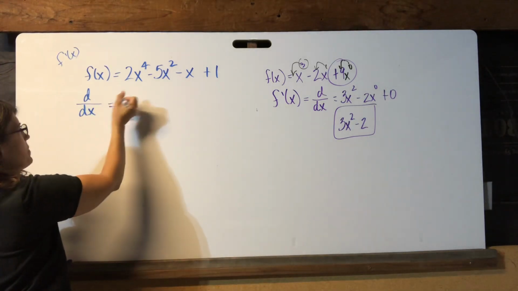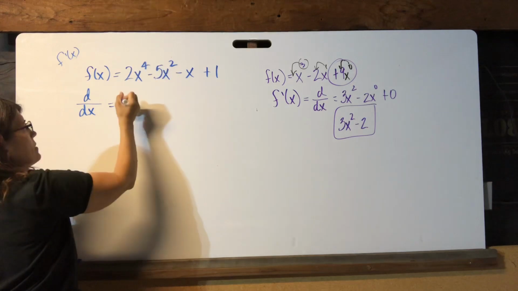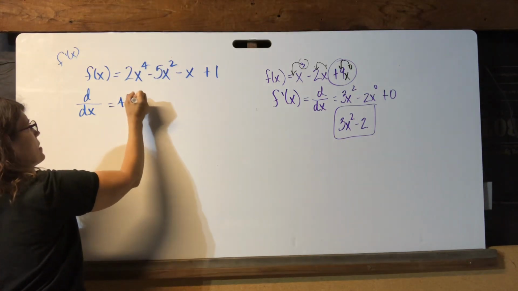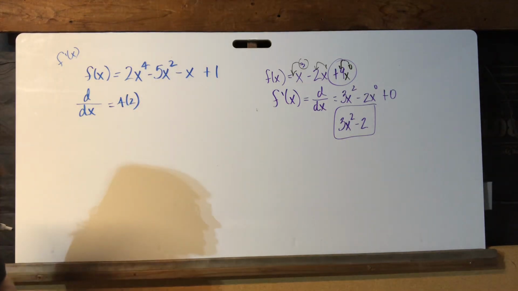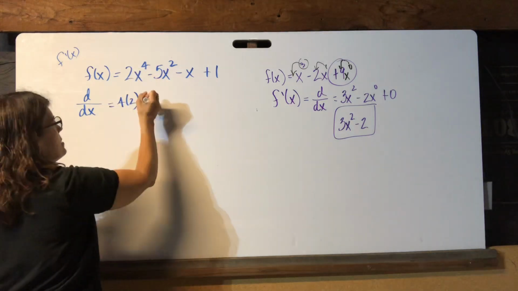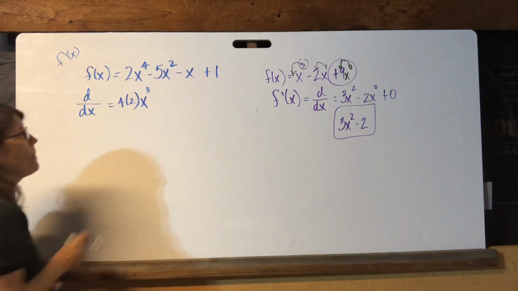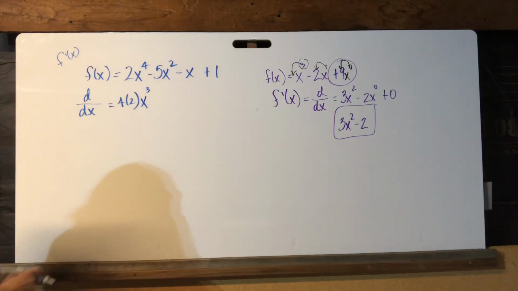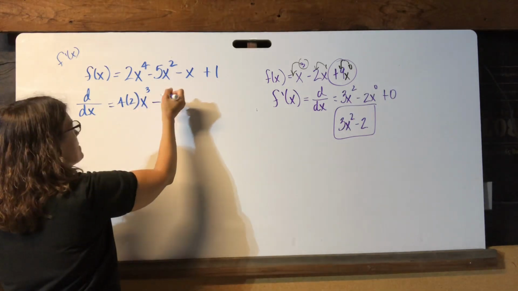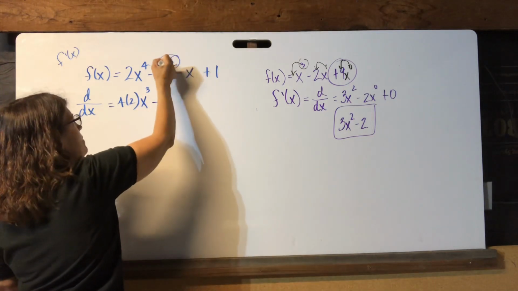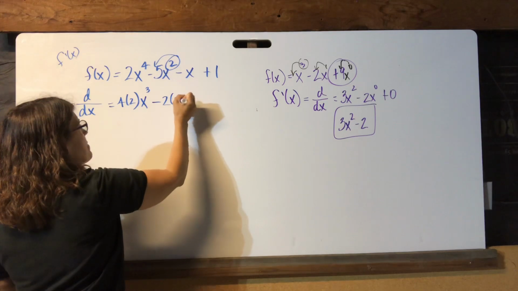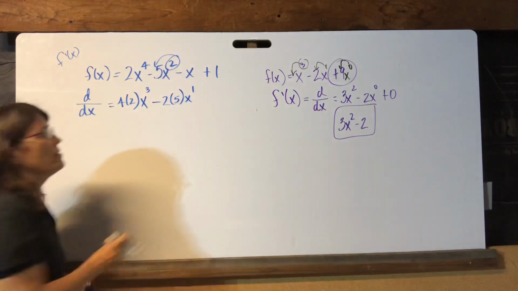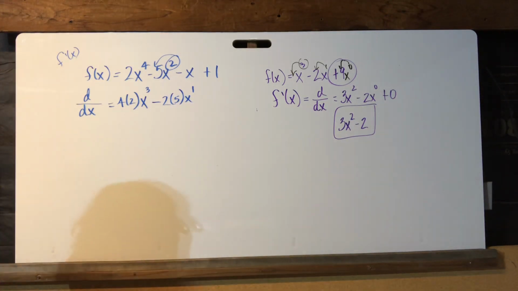This is going to be, bring the 4 in front, multiply that by 2, decrease the power by 1, and you get x cubed. Minus, bring the 2 in front, times the 5 that's already there, decrease the exponent by 1.